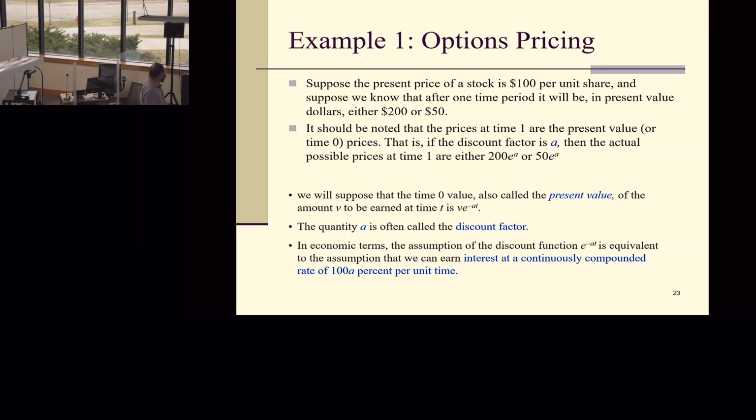And the midterm. Last time, we were talking about the first example. Example 1 actually is the option pricing. Suppose we have a stock price of $100. After a period, it can go to $200, double its price, or half of its price.